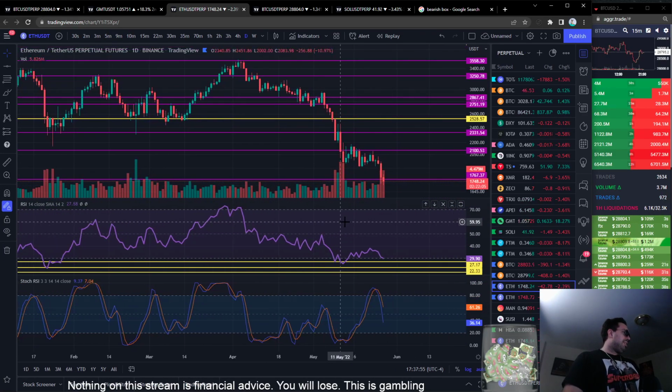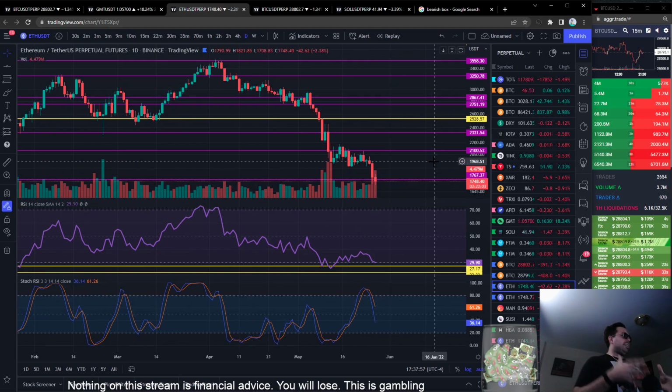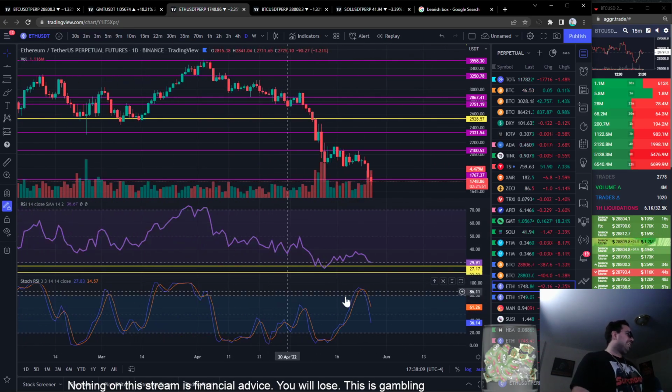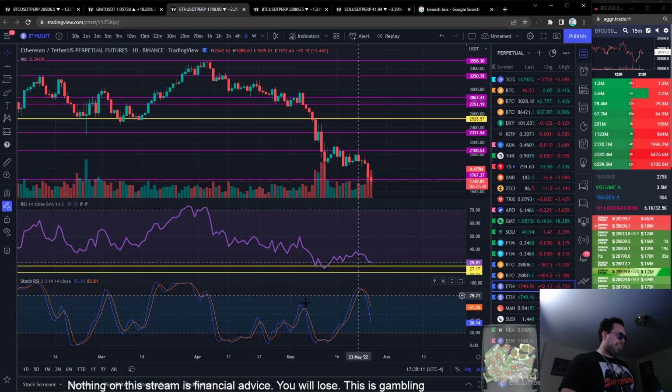So let's continue. This is where I'm going to bring in stochastic RSI, because we haven't talked about it yet. How do I use stochastic RSI to my advantage? I use it very, very easily, and we'll go over it right now.